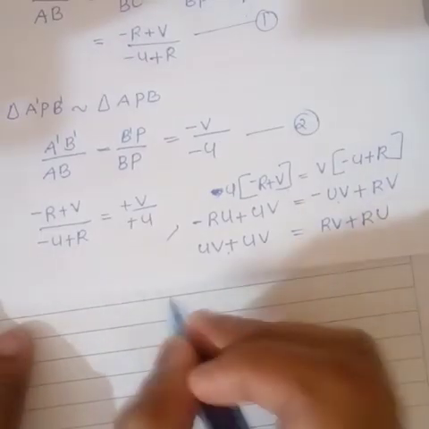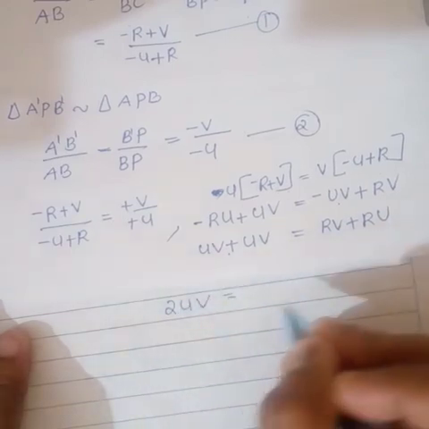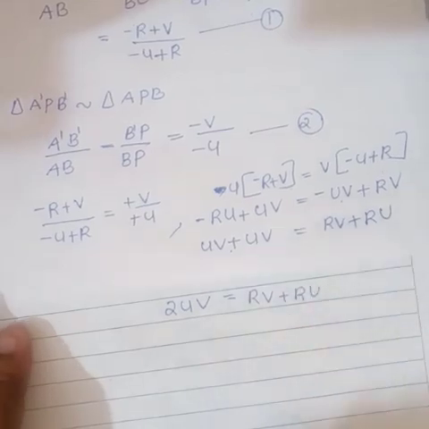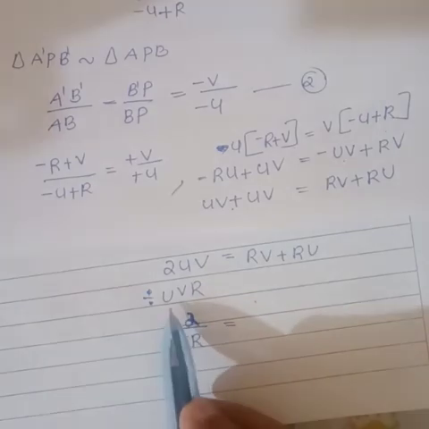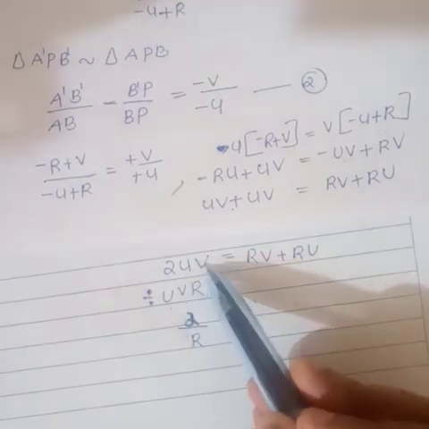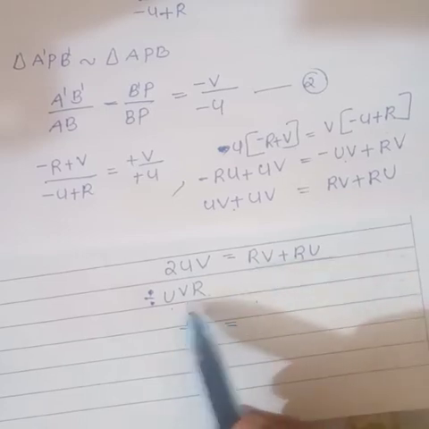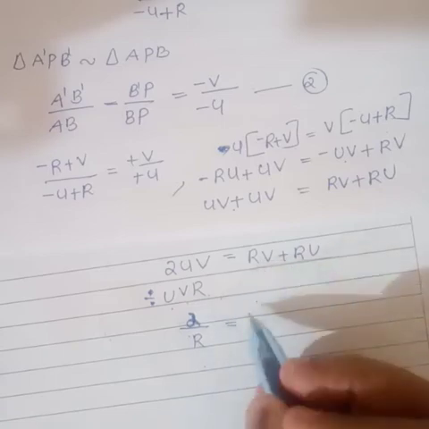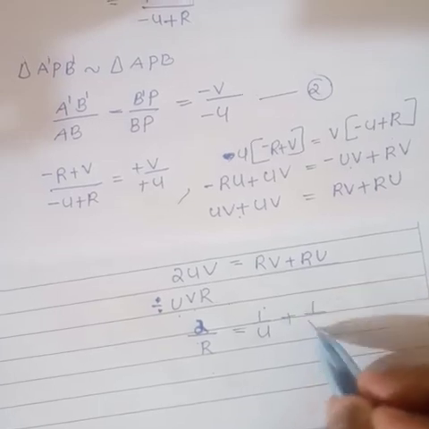UV plus UV is 2UV, equal to RV plus RU. Then dividing both sides by UVR, this becomes 2 by R, equal to, and also this side divided by UVR, it becomes 1 by U plus 1 by V.